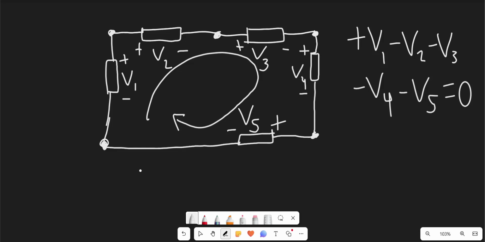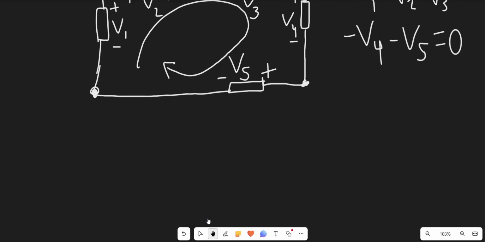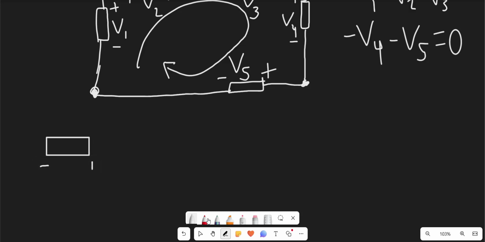So now before we solve for all these variables and assign a different equation, let's briefly go over what voltage drops and voltage lifts are. So let me scoot down so we have some space here. So let's say this is our battery again, and then this is the negative side, this is the positive side, and then current is flowing in this direction.